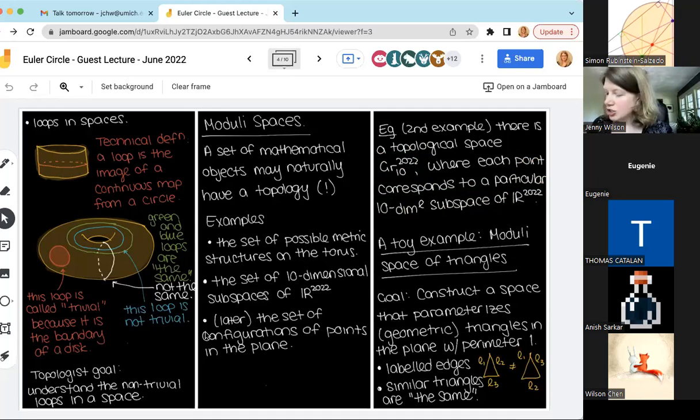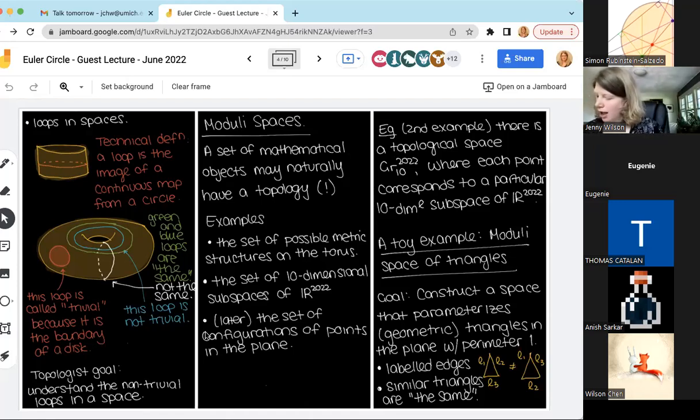So this is just the set of subspaces in this vector space, and somehow this set comes with its own topology. It's called a moduli space, and often studying the topology of these moduli spaces can tell us something about the objects. In this case, they can tell us something about the nature of 10-dimensional subspaces of this vector space. Something about that is captured by the topology of this space.